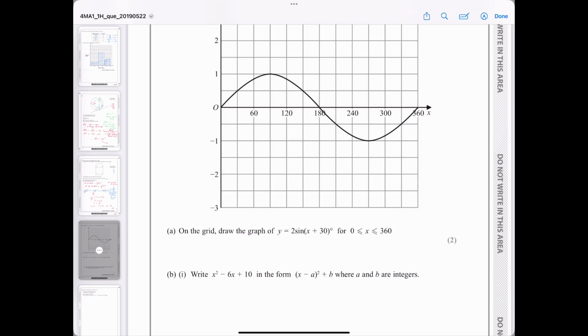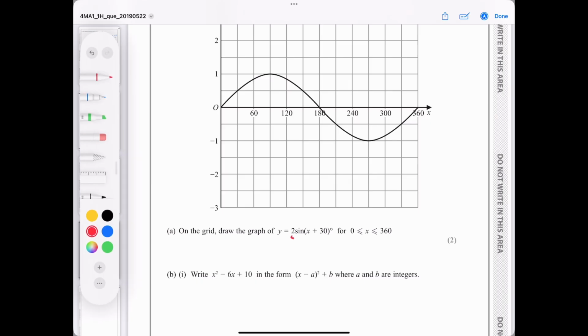If you get a 2 in front, that means we stretch it out to 2. Were you to make 90, that would be there. So 2 sine x would be this.